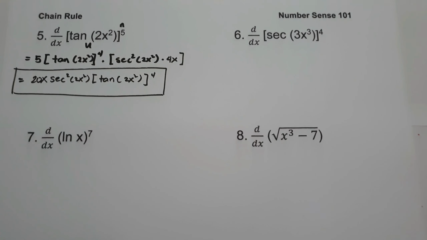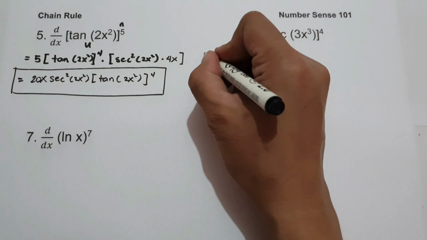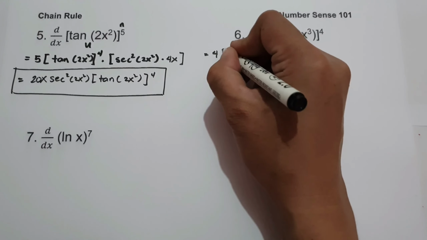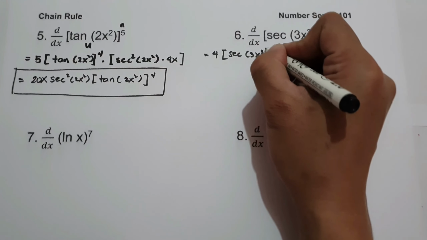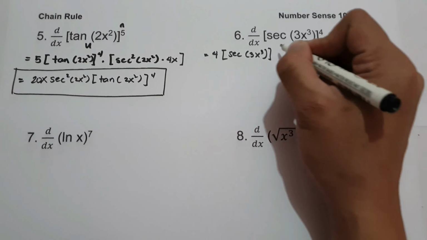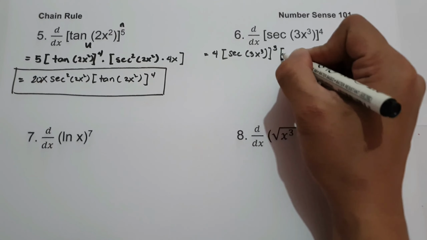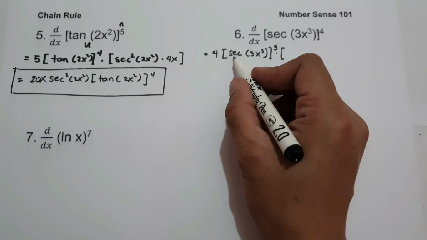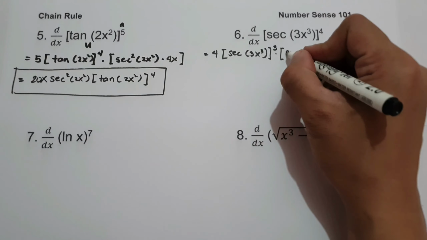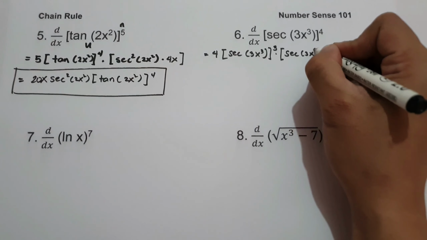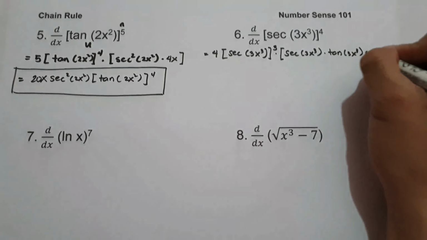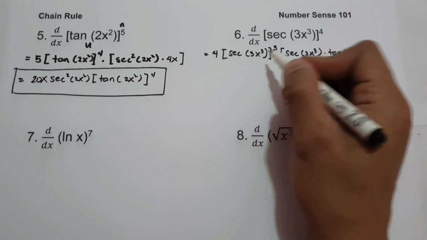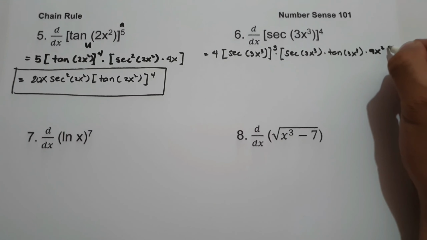On number 6, what is the derivative of secant 3x cubed raised to 4? So let us have the value of n, that is 4, times u, that is secant 3x cubed, and then 4 minus 1, that is 3, multiplied by the derivative of inside. So the derivative of secant 3x cubed, that is secant 3x cubed times tangent 3x cubed times the derivative of 3x cubed, that is 9x squared.